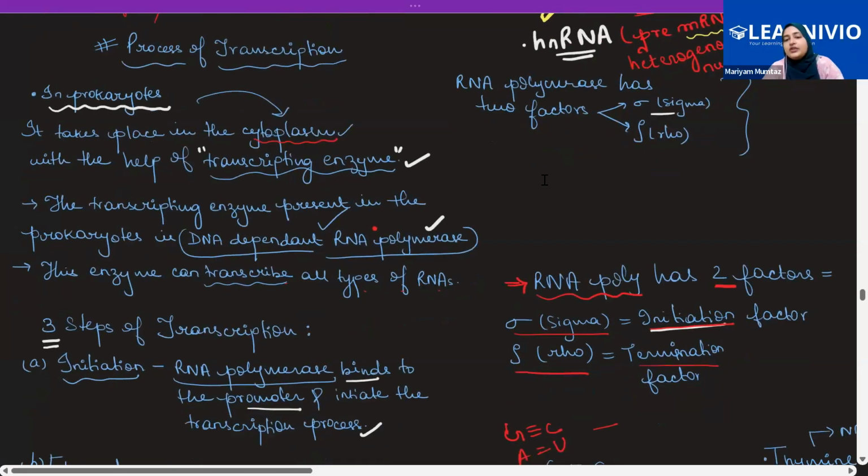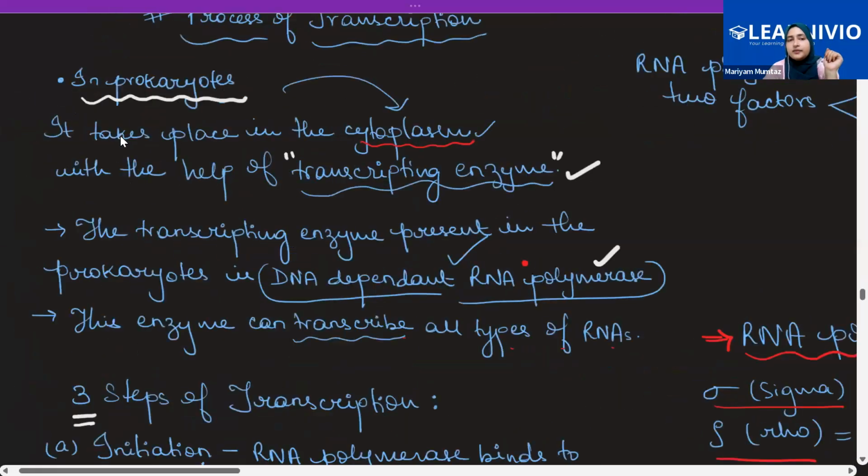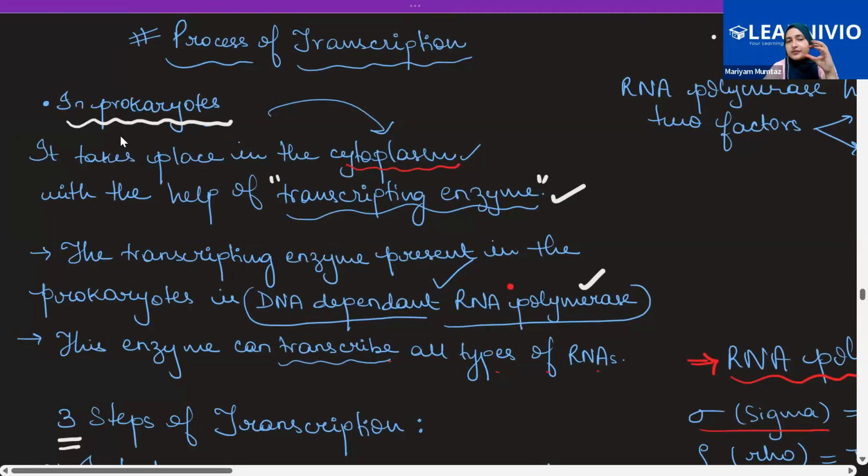Now, transcription is the process wherein from the DNA molecule, RNA has to get synthesized, right? When we studied the central dogma of molecular biology, we saw how transcription is the process from which, from the DNA, the RNA molecule, particularly the mRNA molecule, is synthesized. Now, in prokaryotes, remember that transcription takes place in the cytoplasm.